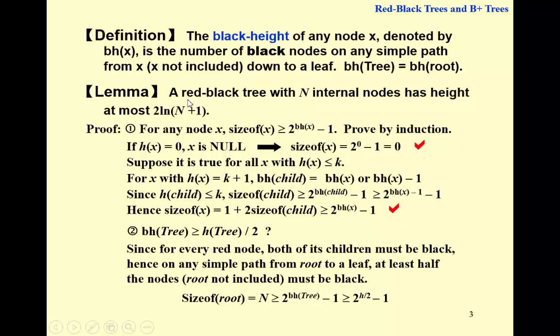So we know that a red-black tree is sufficiently good in the sense that although it's not so balanced, it guarantees that the height of the tree is big O of log n. Then let's check the operations. We start from insertion.